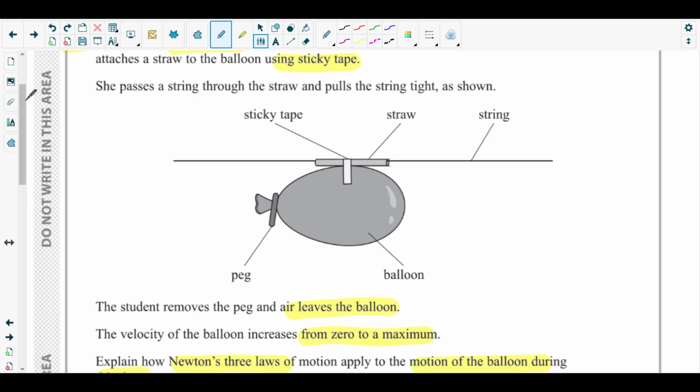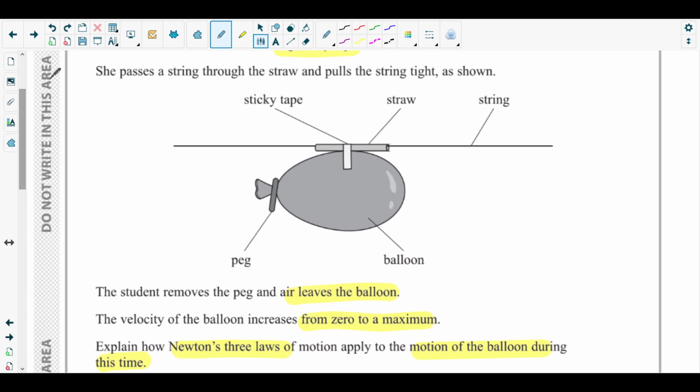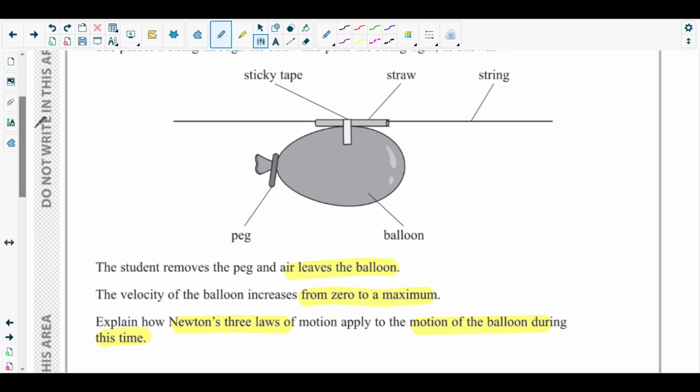As the air particles are pushed out in the backward direction from the balloon, according to Newton's third law, due to that pushing force, the outcoming air particles will apply a reaction force in the forward direction on the balloon. This is the first case.